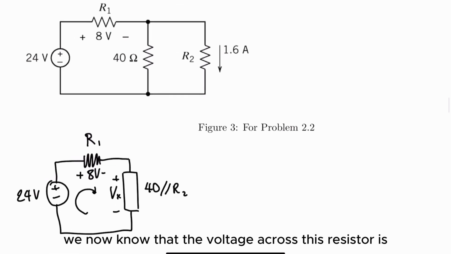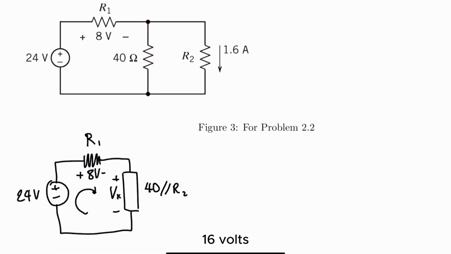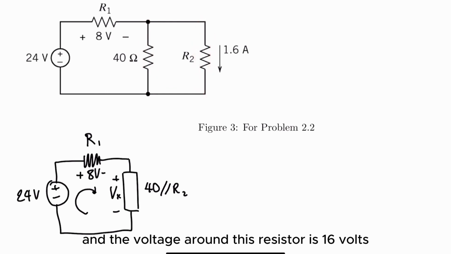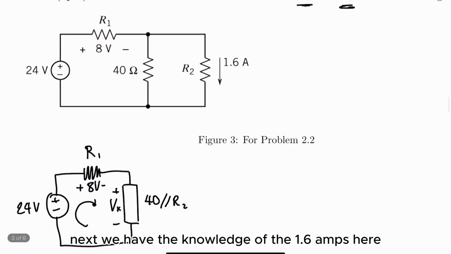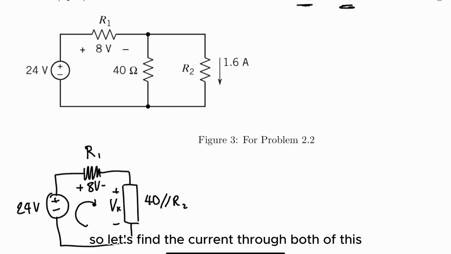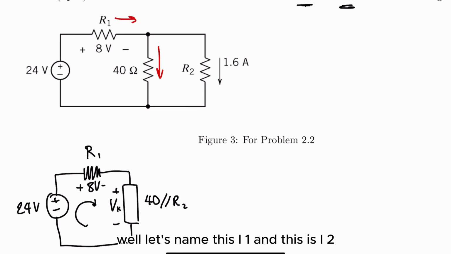So we now know that the voltage across this resistor is 16 volts and the voltage around this resistor is 16 volts. Next, we have the knowledge of the 1.6 amps here. So let's find the current through both of these, where let's name this I1 and this is I2.